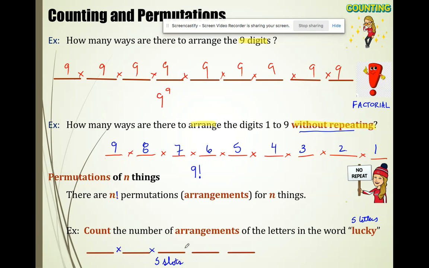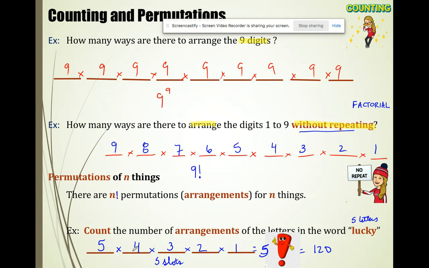I am going to use the multiplication principle of counting, but in the first slot, I can choose 5 letters, but whatever letter I choose here, I can't choose it again. But of course, I don't have to write it that way. I can just write 5 factorial, which is 120.